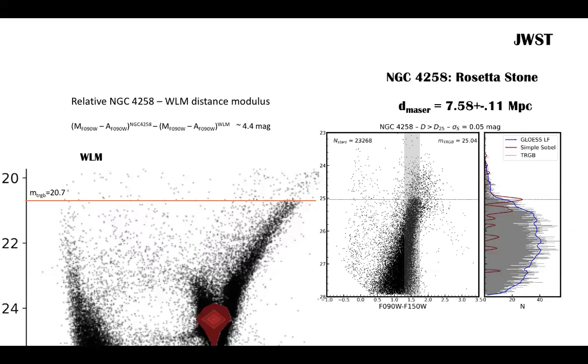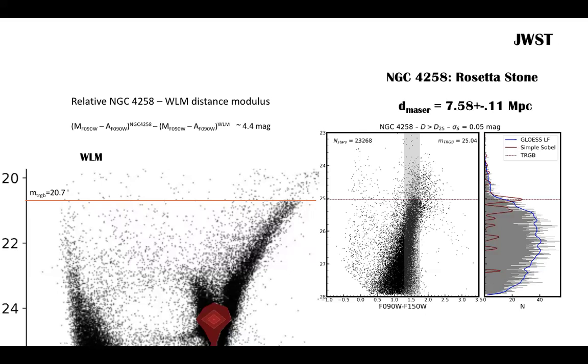So right away, if we knew the distance to the WLM, for example, we would then have a direct handle on the distance to 4258 as an alternative. So in other words, just this distance, the difference between that measurement with James Webb and the tip here for 4258, I just put this in my eye.